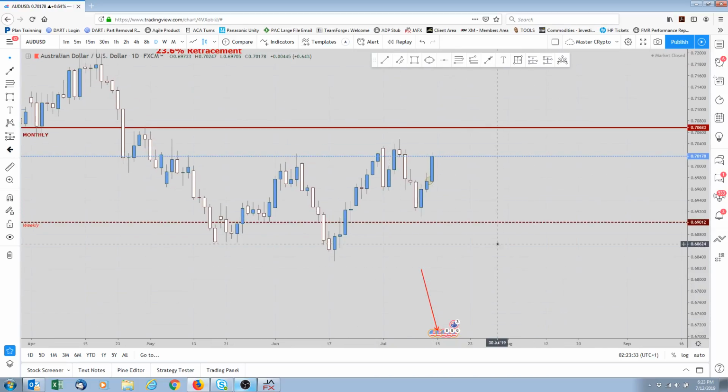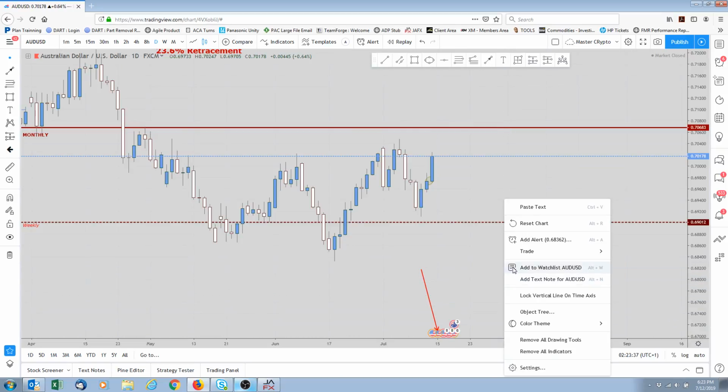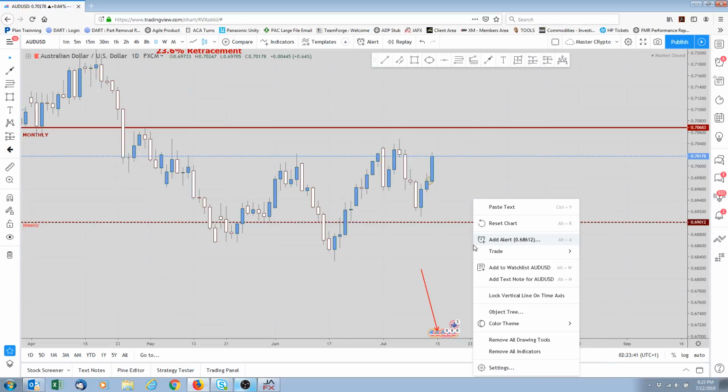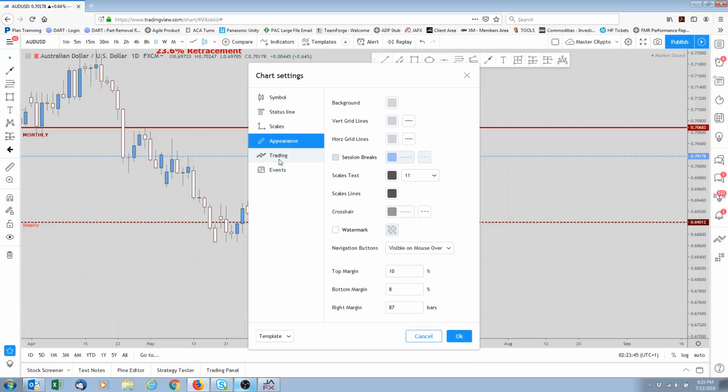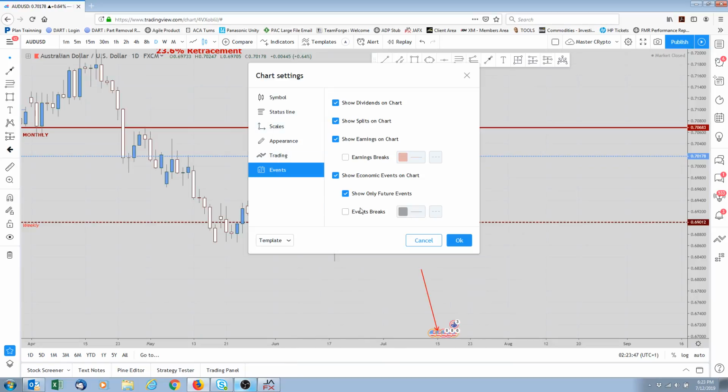how we view this notification for news coming out, I believe you right click your mouse and go to settings, and then go to events, and here, where is it? You can select everything I have here, but oh yeah, right here. Show economic events on your chart and show only future events.